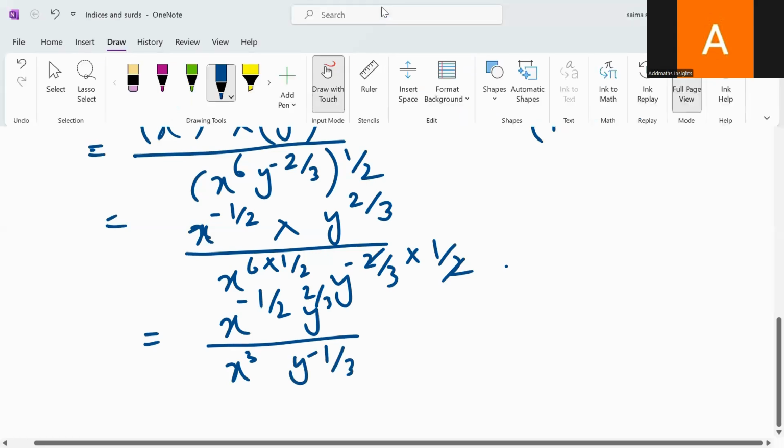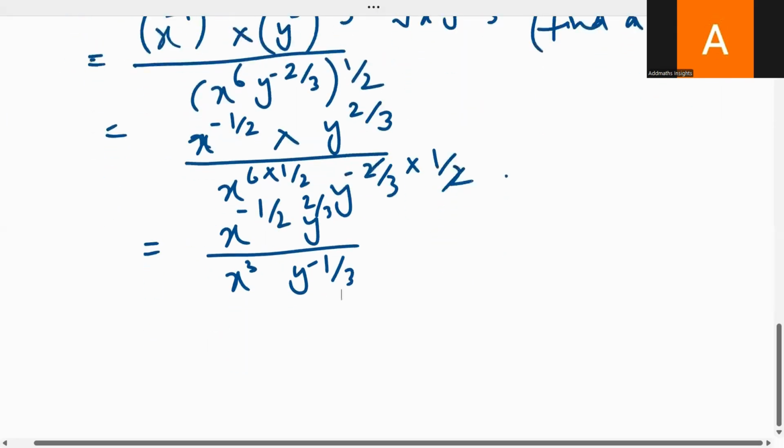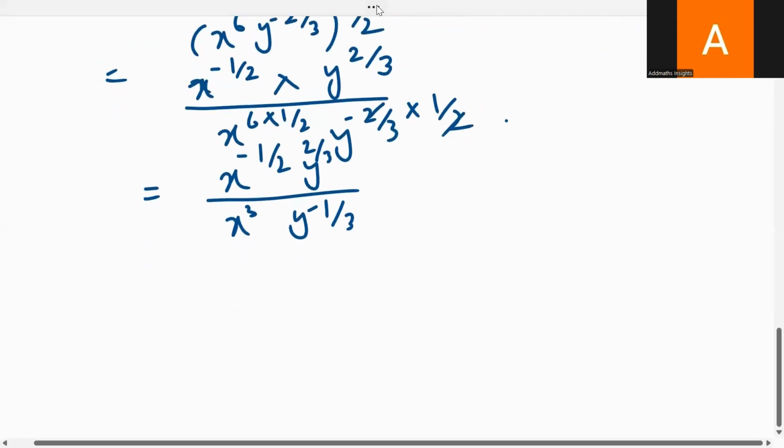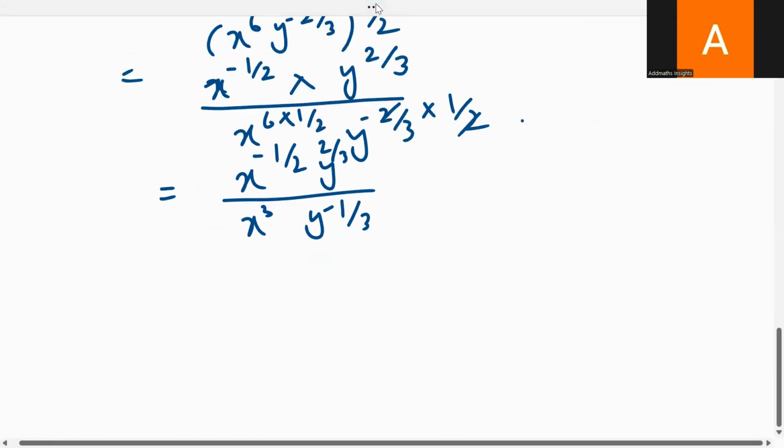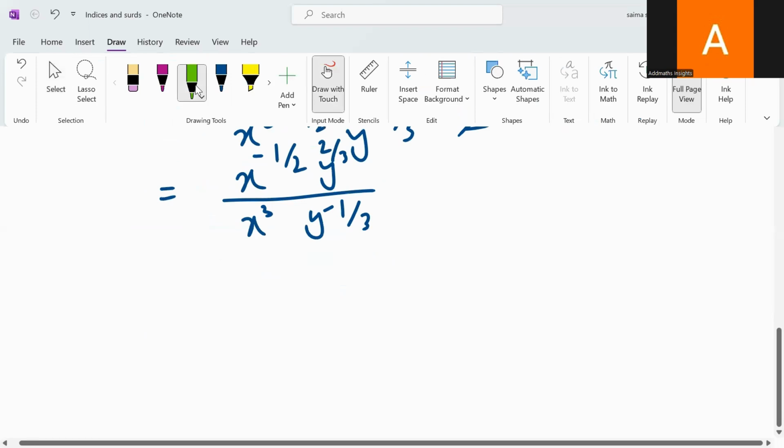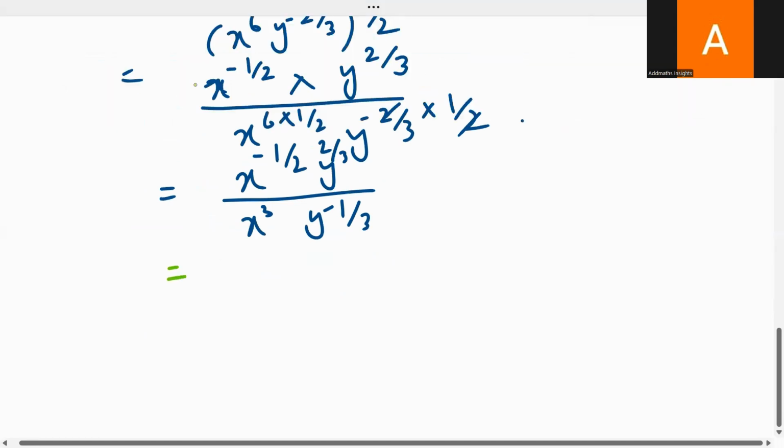Now we apply the division rule. We change signs here. New rule: x raised to minus 1 by 2 minus 3, y raised to 2 by 3 minus 1 by 3.